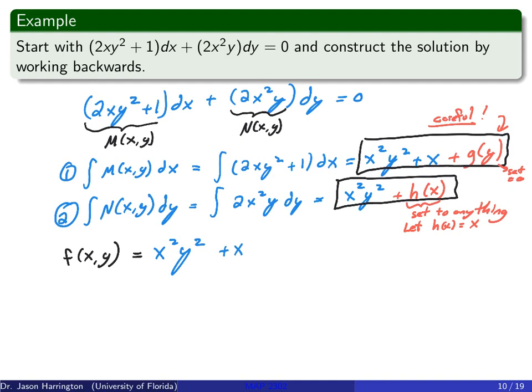And then, what's the answer to the ODE? Well, the answer to the ODE, remember, is a level set or a level curve. So it's just going to be x²y² + x equal to a constant, right? And that turns it back into a level curve that I showed you all those pictures of.